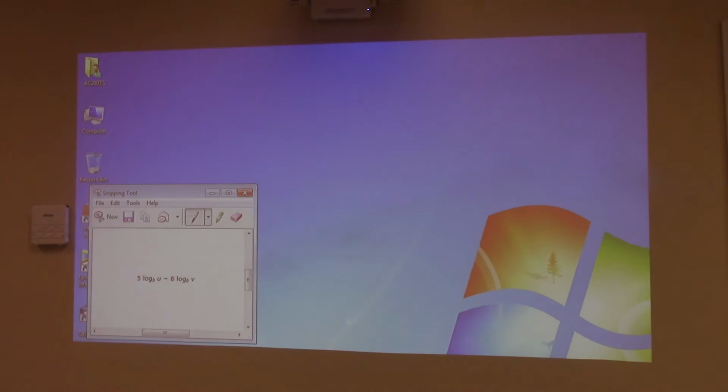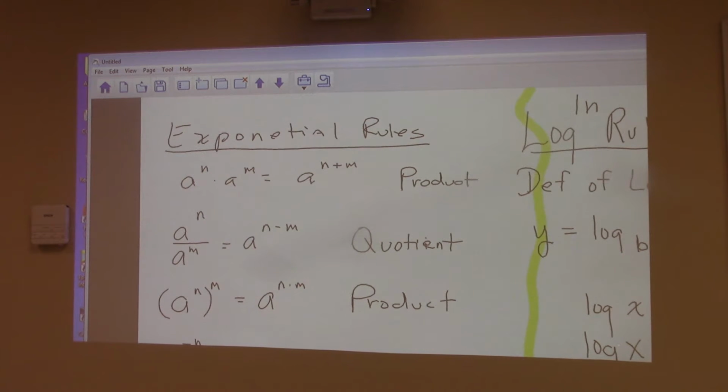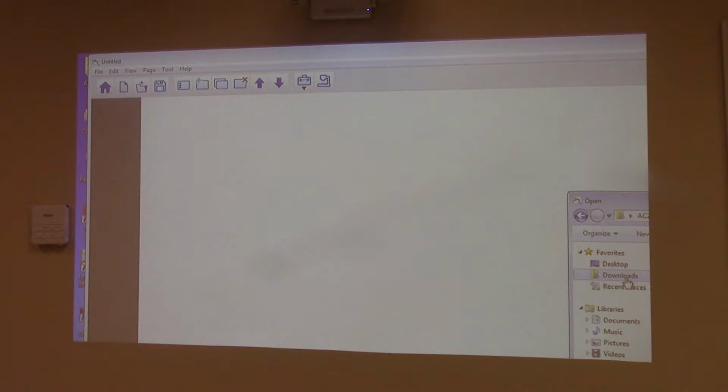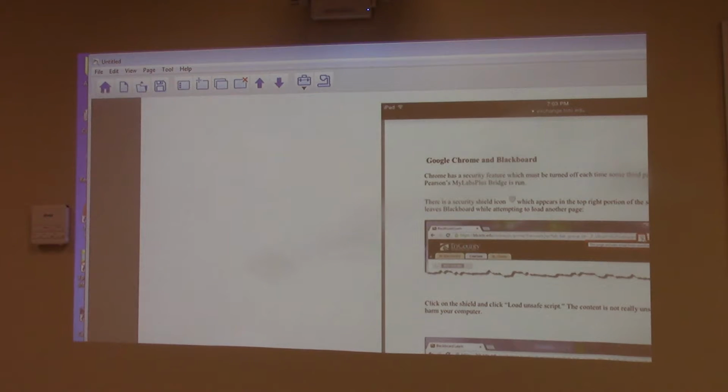At least it'll work. Look, handy dandy whiteboard. Wherever it went. What I pulled up? That ain't what I pulled up.